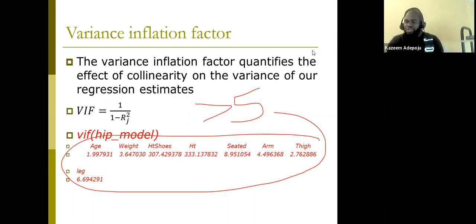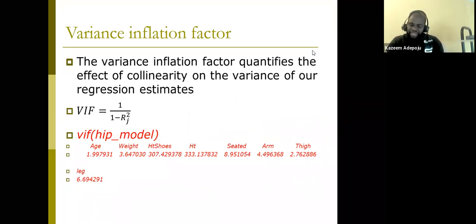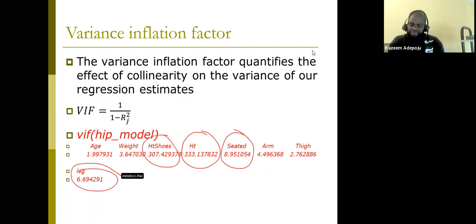Okay, there's a good number of statisticians who believe that the predictors whose values of VIF are greater than 5 should actually be removed. Now, if I want to talk about the ones that are greater than 5, I'm actually going to be talking about this guy here. But before going into the analysis, there's a connection between the height and the hip center.